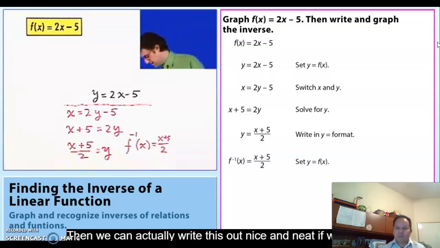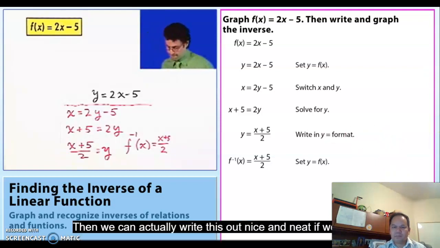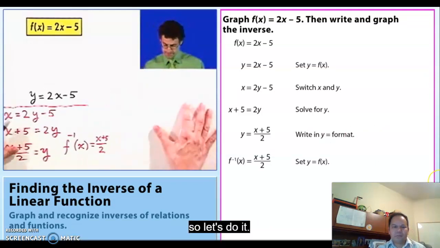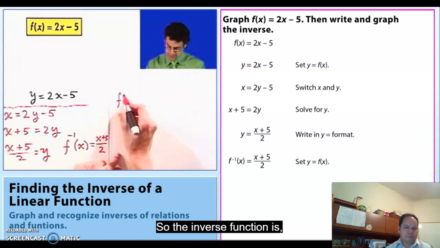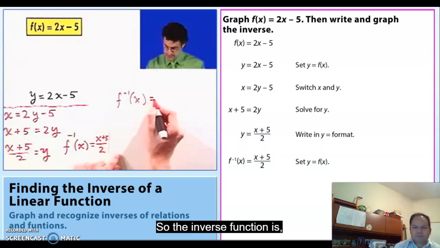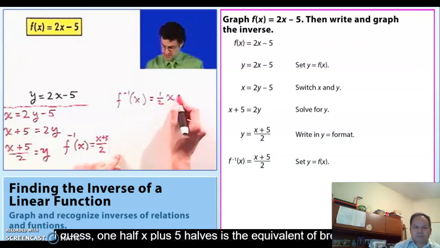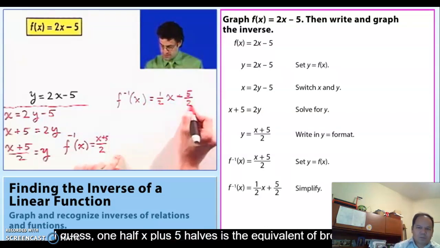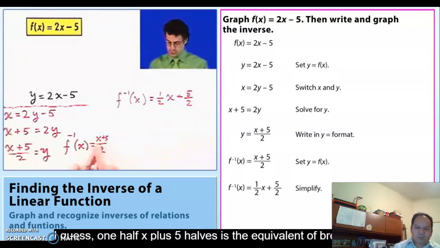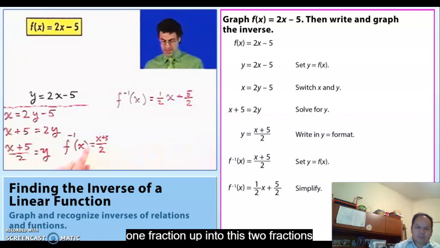Now we can write this out nice and neat. So the inverse function is 1/2 x plus 5 halves, which is the equivalent of breaking this one fraction up into two fractions. And that's the inverse of this.